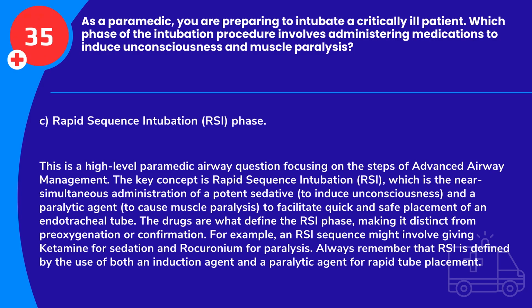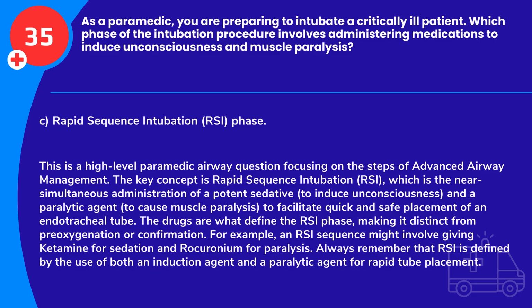Answer: C. Rapid sequence intubation, RSI phase. This is a high-level paramedic airway question focusing on the steps of advanced airway management. The key concept is rapid sequence intubation, RSI, which is the near-simultaneous administration of a potent sedative to induce unconsciousness and a paralytic agent to cause muscle paralysis to facilitate quick and safe placement of an endotracheal tube.